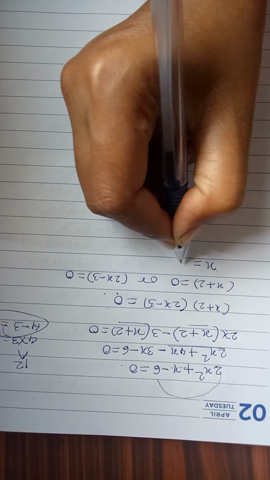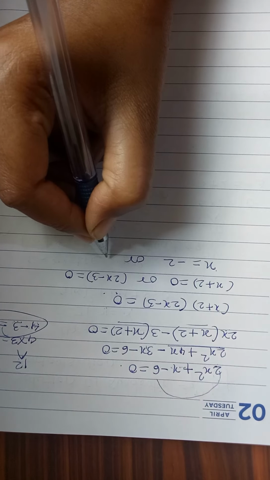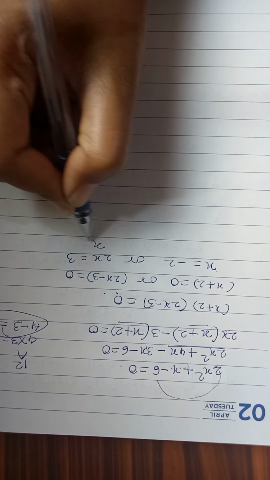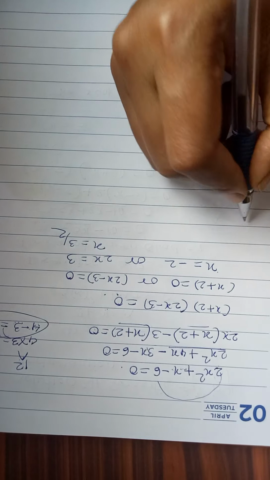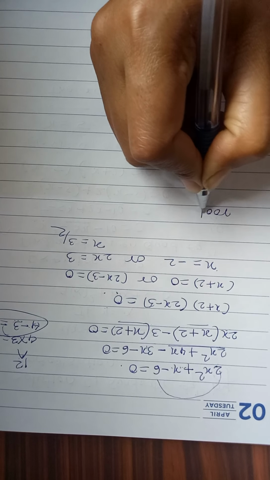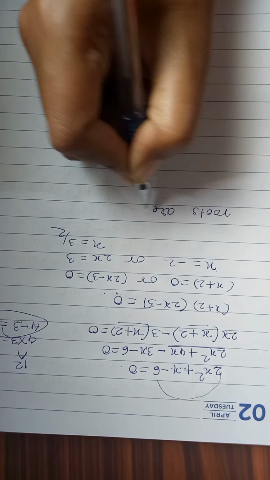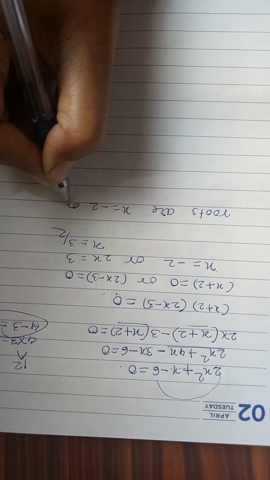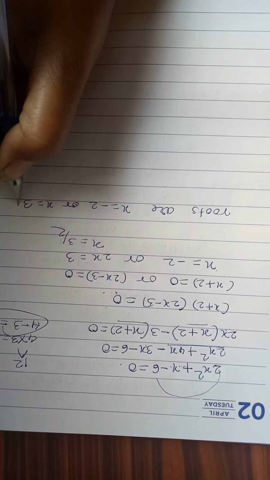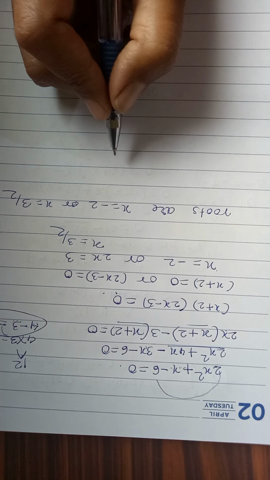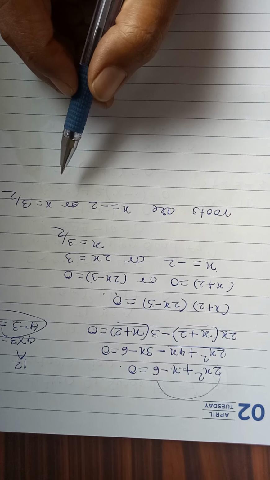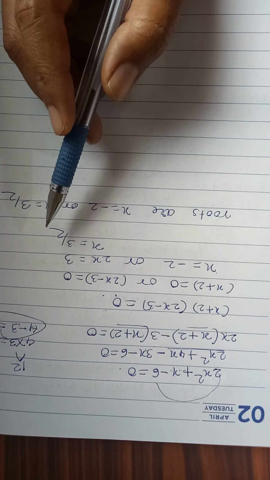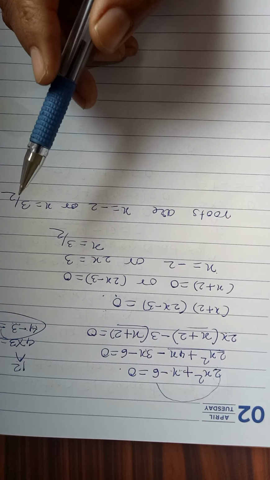So x = −2 or 2x = 3, x = 3/2. So the roots of the given quadratic equation are x = −2 and x = 3/2. When we put these roots in the given equation, they satisfy the given quadratic equation.